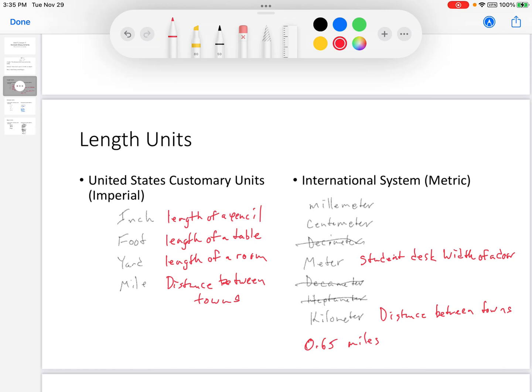A centimeter, that would be like the width of a finger. Might be about 1 centimeter long, wide. And a millimeter is very thin, so like the thickness of a coin. Thickness of a coin would be about a millimeter, or maybe 2 millimeters if it's a very thick coin.